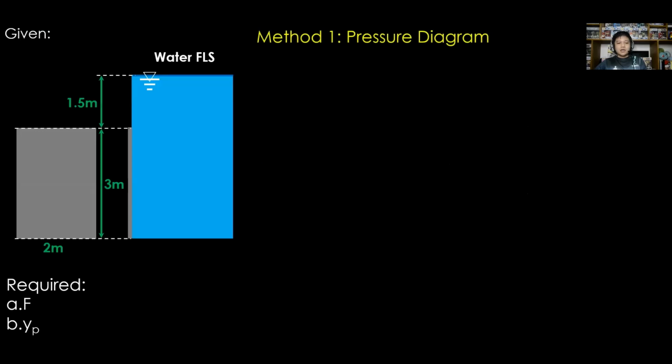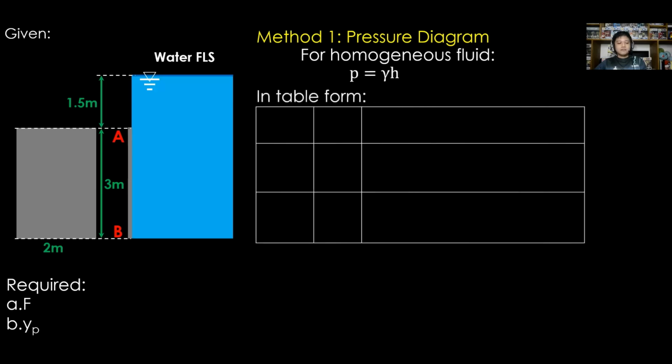For method number 1, the pressure diagram, assign points A and B at the top and bottom of the submerged surface. For homogeneous fluid, P is equal to gamma times H. In table form, identify points, H and pressure P. For points, we have A and B. For H, that is measured from free liquid surface.